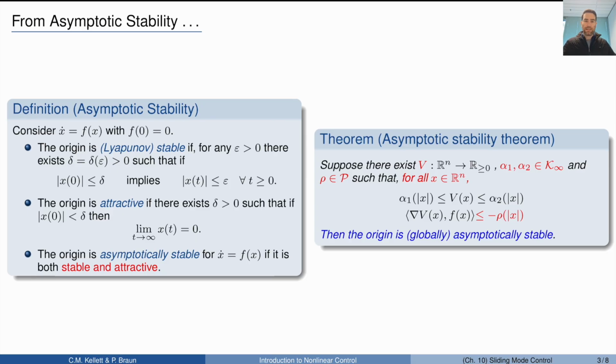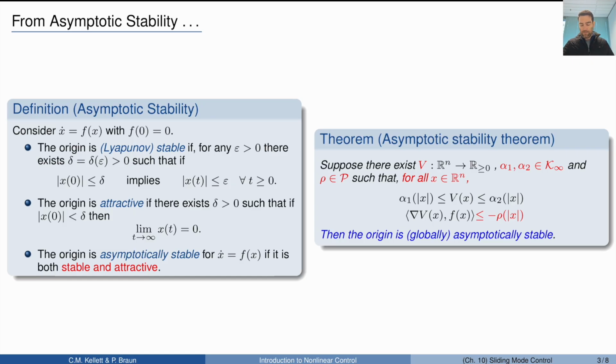A different representation for that is through Lyapunov functions, which we've also seen, meaning we can characterize the asymptotic stability properties of an equilibrium through a Lyapunov function.